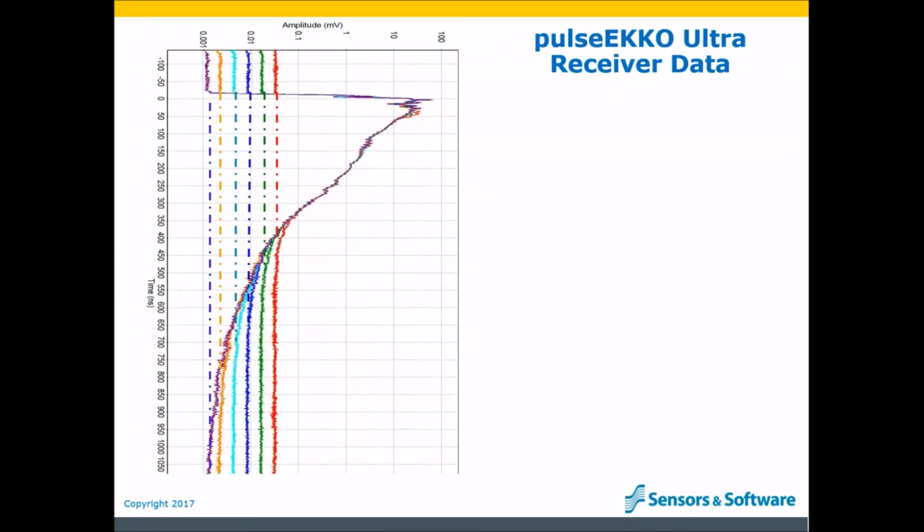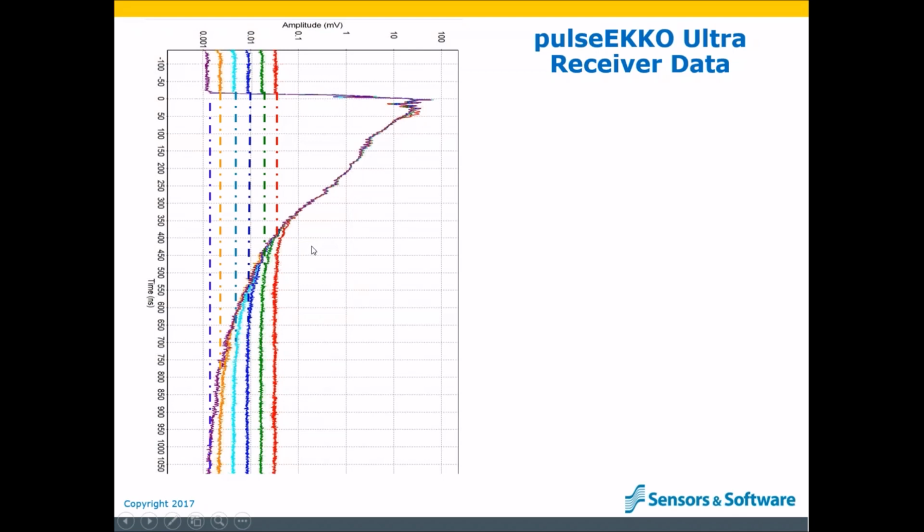This is the same sort of signal amplitude plot we've been looking at earlier, but more quantitative and for 6 different levels of stacks. It shows the RF noise floor before the GPR transmitter fires, the peak response from the strong direct arrivals, then the gradual decay of the reflected GPR signals as they are attenuated in the subsurface.